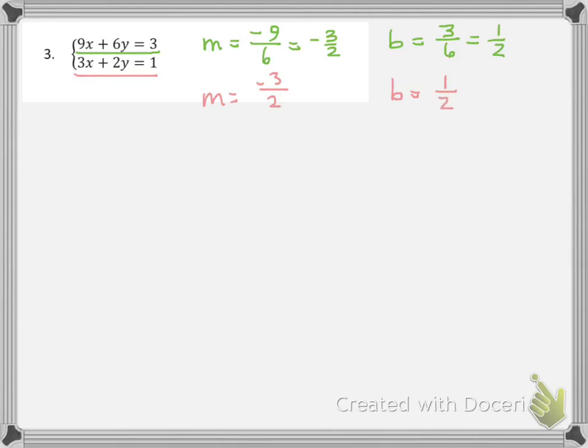And I can see that they are the exact same line. These two lines are the same line, so that means infinitely many solutions. These two lines are going to cross everywhere. Infinitely many solutions. There's an intersection at every point. All right?